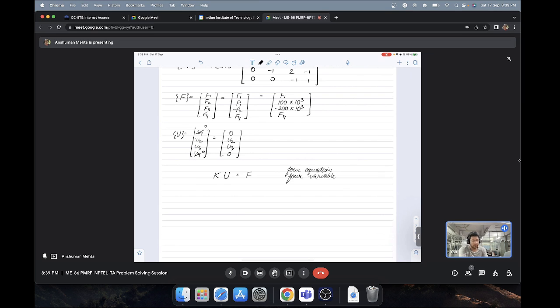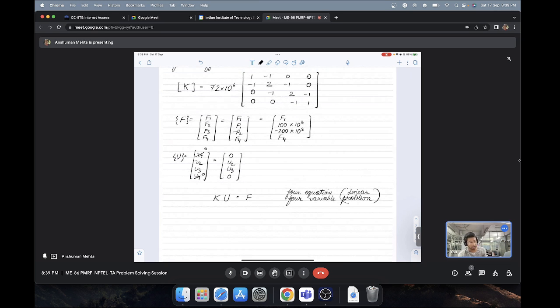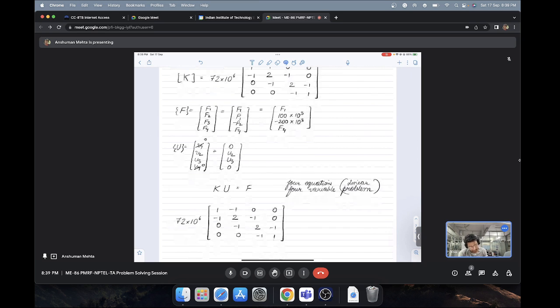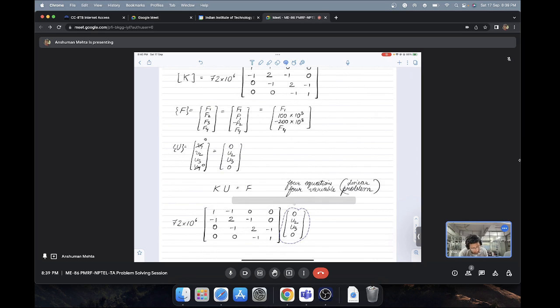Okay, four equation, four variable problem, linear problem, and hence it is solvable. Let's solve it. First, K into u is equal to F.